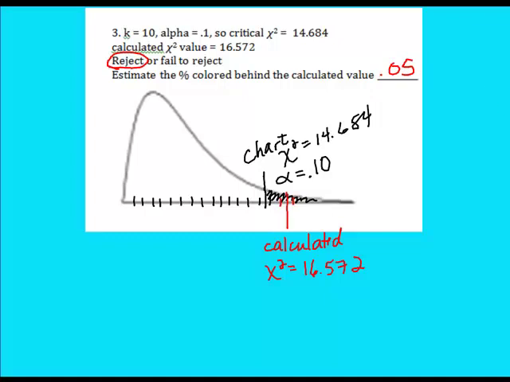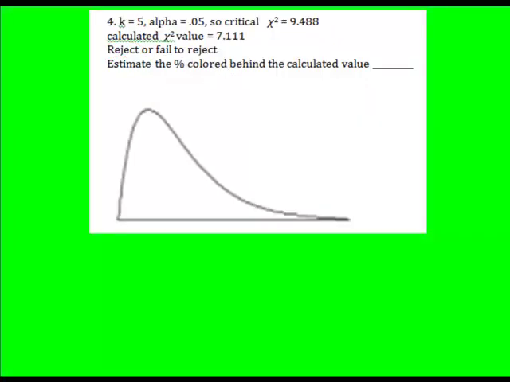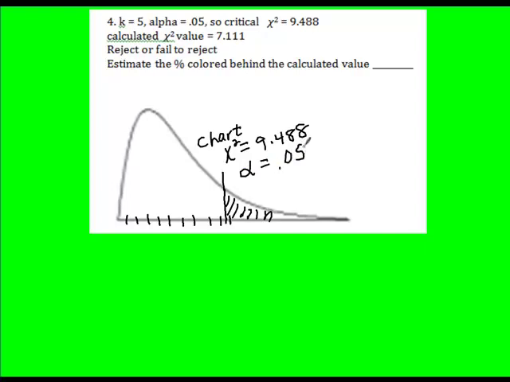Last one before we tie it together. If I'm again dealing with a chi-square because I have k's, alpha is 5%, the chi-square chart value is 9.488, somewhere around in here. So my chart value, based on number of groups and then degrees of freedom, says that about 5% of the curve is shaded. I'm willing to be wrong 5% of the time.